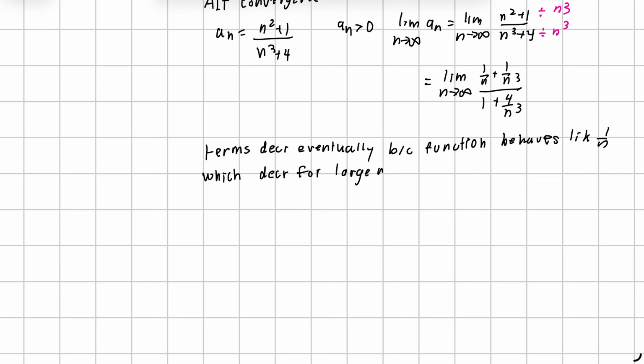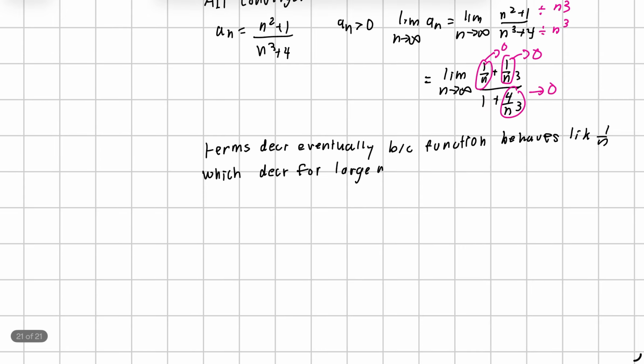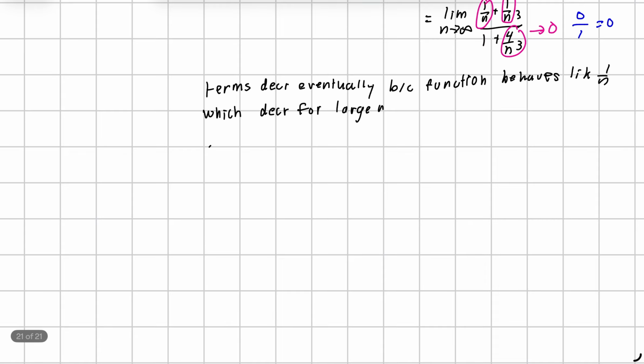This goes to 0, this goes to 0, this goes to 0. So then we just have 0 over 1, right? That's equal to 0. Therefore, by the alternating series test, the original series converges.